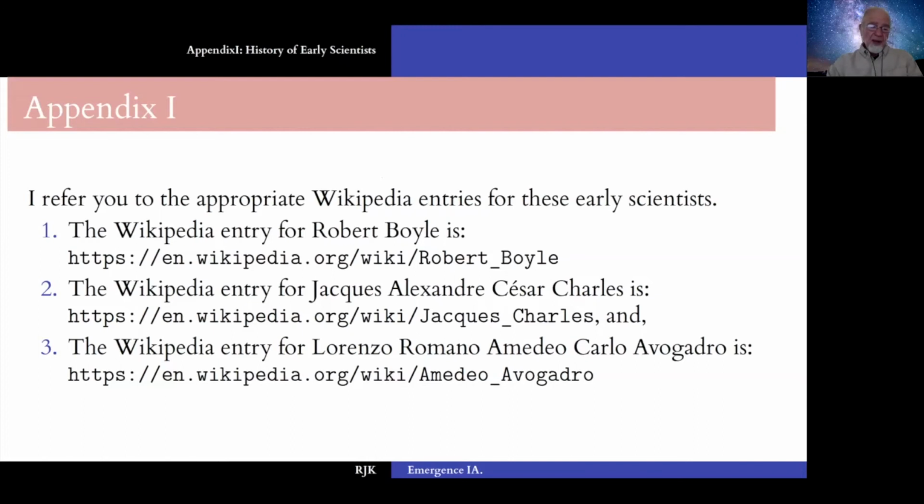When I send the presentations out, you can just click on the three entries and they'll take you to the right place in Wikipedia, and you can read about Robert Boyle, Jacques Charles, and Avogadro. I'm hopefully now going to switch to a second presentation.